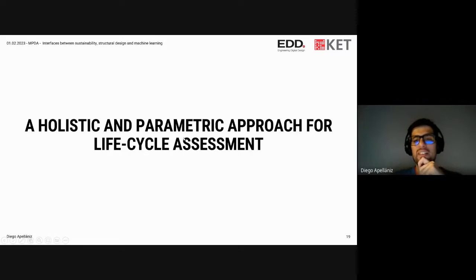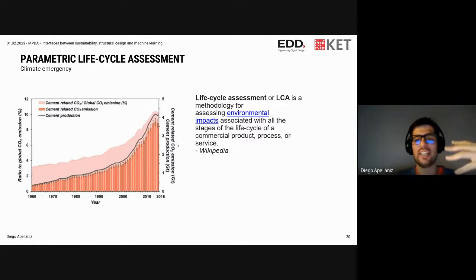The second chapter focuses on life cycle assessment, as Gerard and Mark were discussing, and how you can combine that with parametric design. But first things first, what is life cycle assessment? As many of you know, we are in a current climate emergency because of CO2 emissions and global warming.